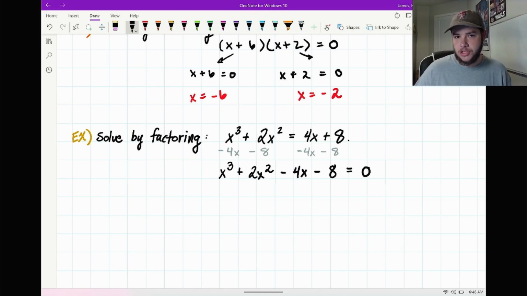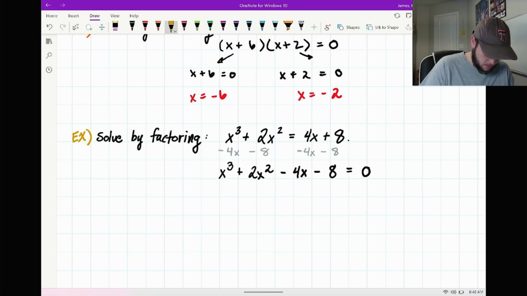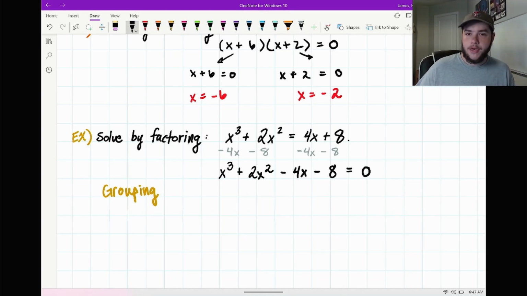The next strategy I want to use is a technique that we call grouping. Notice that the first group of terms has a common factor, x squared. So I'm going to factor out x squared just from the first two terms, not from the whole thing.